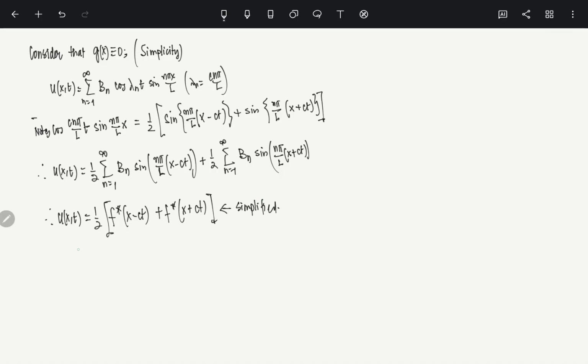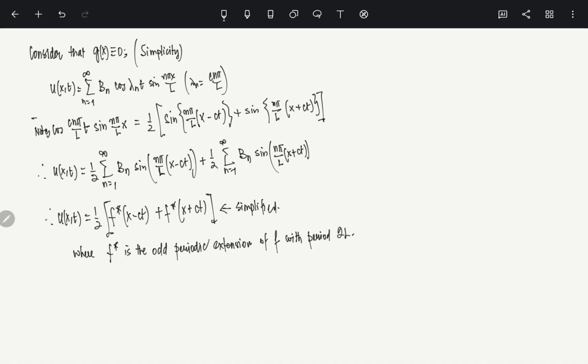Here f star is the odd periodic extension of f, with period 2L. So this is your f star.